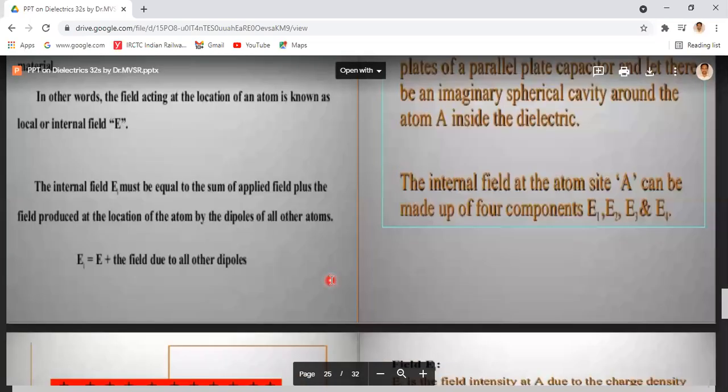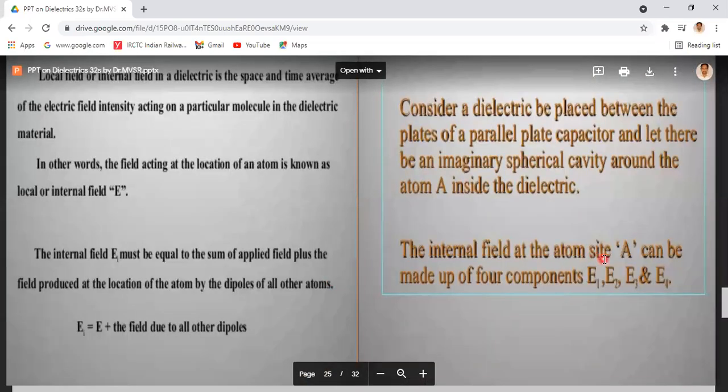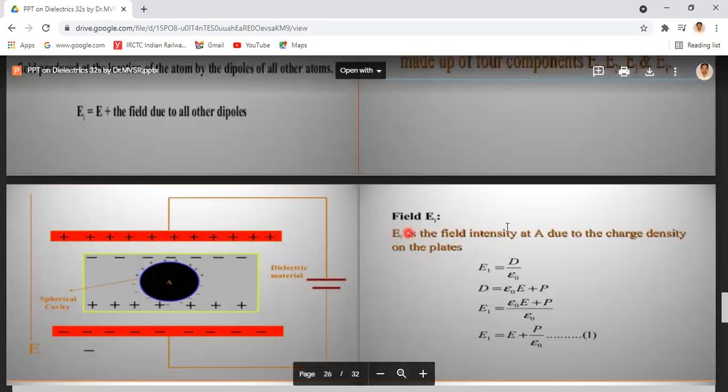The internal field at the atomic site A within the dielectric material can be made up of 4 components: E1 bar, E2 bar, E3 bar, and E4 bar. E1 bar is the intensity of electric field due to the capacitor plates.